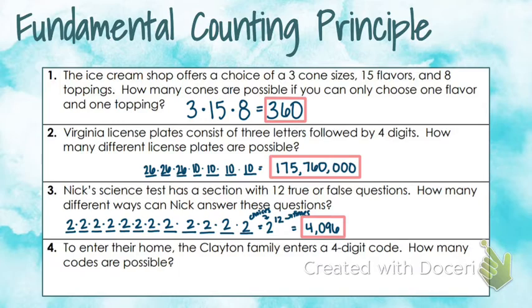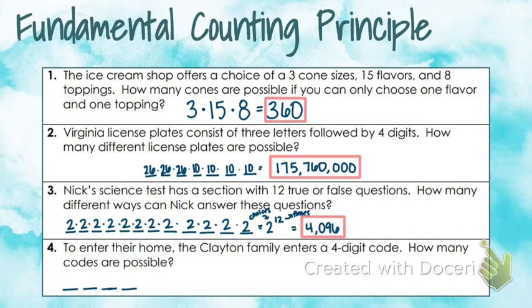All right, so the last one in this section is, to enter their home, the Clayton family enters a 4-digit code. How many codes are possible? So we have to make 4 choices because we have to choose a digit for each of the 4 spots. So there are 10 digits.